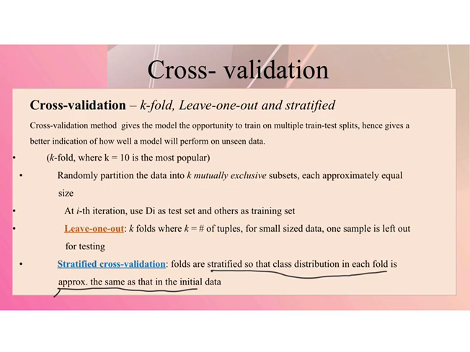Kalau dia pakai stratified cross validation, masa dia ambil 10 fold, setiap sampel ni merangkumi semua jenis kelas label. Dia make sure benda tu akan dipartition dahulu, so sampel tersebut merangkumi semua kelas label.